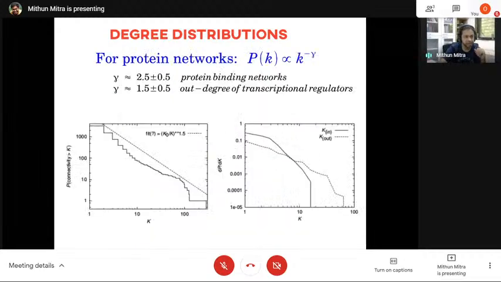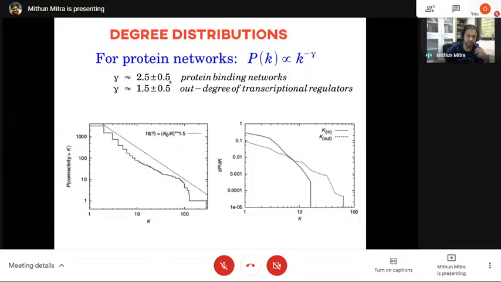And so, for example, you can calculate these degree distributions for protein networks. And you'll see that in many cases for these biological networks, you get degree distributions that are similar to the scale-free networks that I showed in the earlier slide, where the degree distribution comes as a power law. So you get some k to the power of minus gamma.